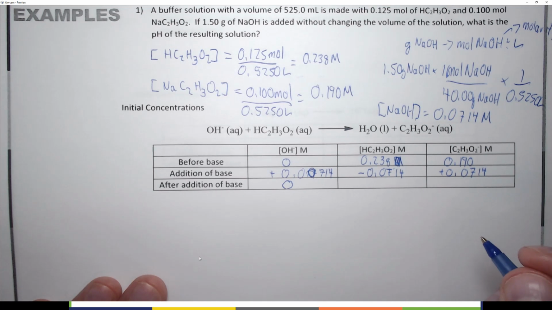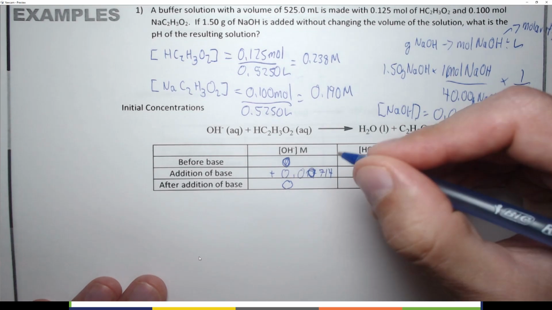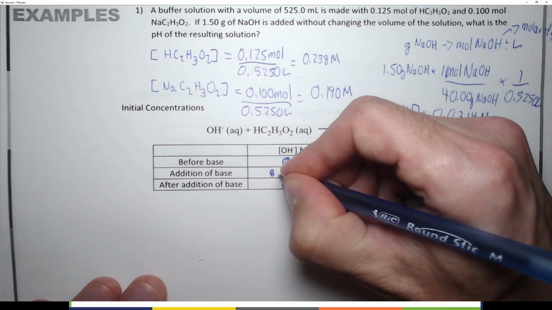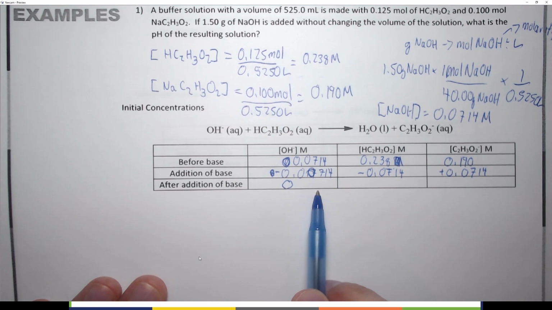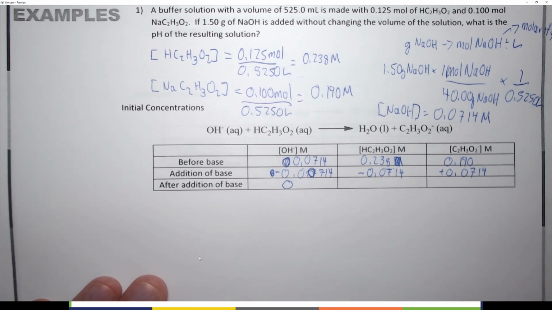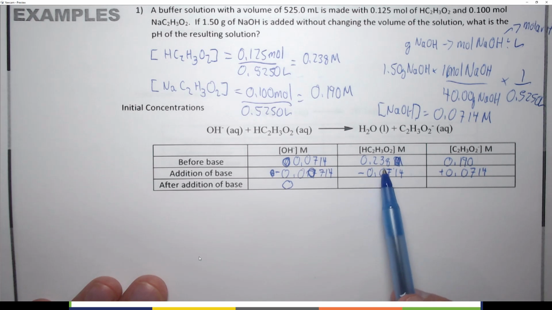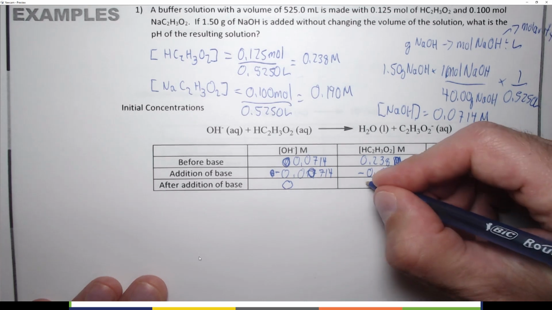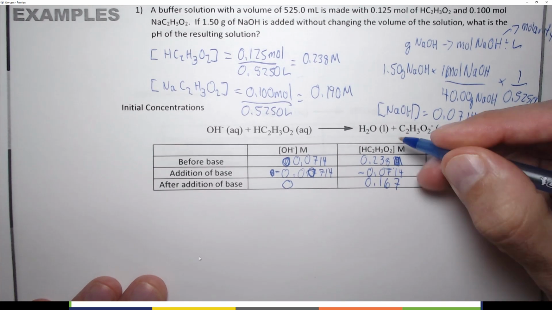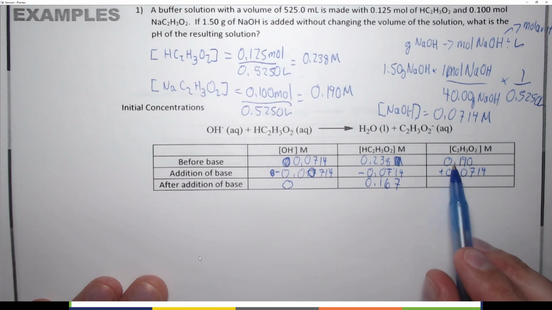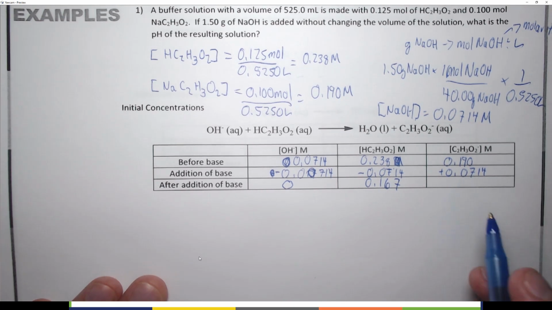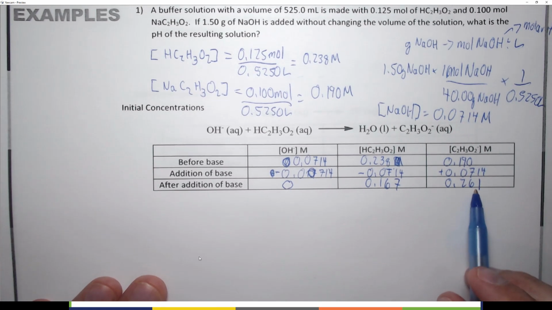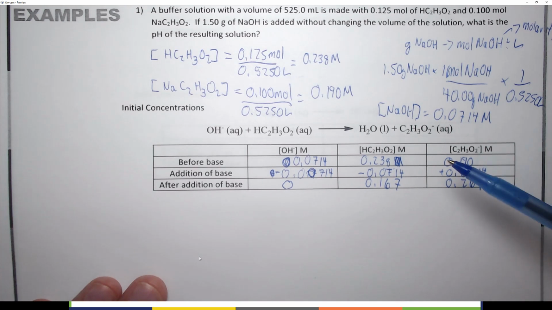I guess what I should have done to make this look a little better is put 0.0714 here. We're going to lose all 0.0714, and then we're going to have none left. In this case, we have 0.238 minus 0.0714, which is 0.167. I just subtracted those two numbers. And in this case, I'm going to have 0.190, and I'm going to add the 0.0714, and I'm going to get 0.261 as the new concentration of this one.